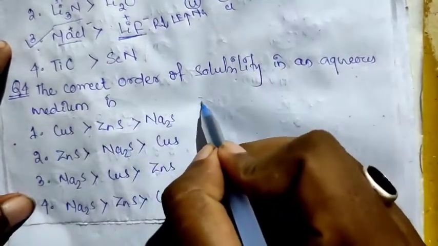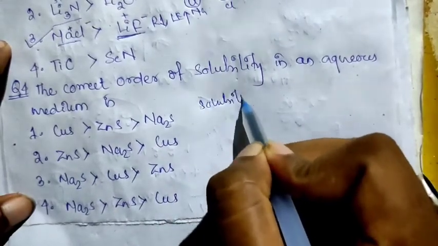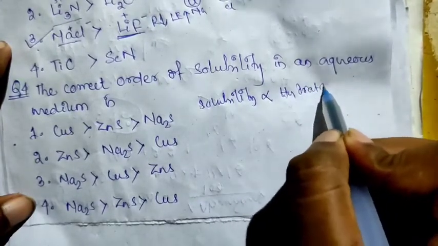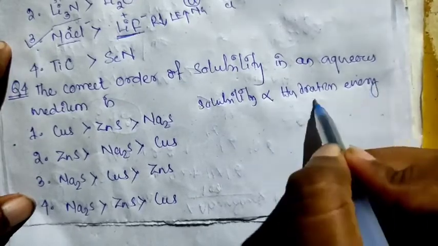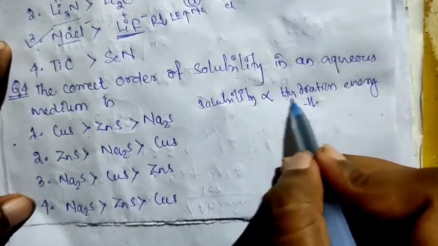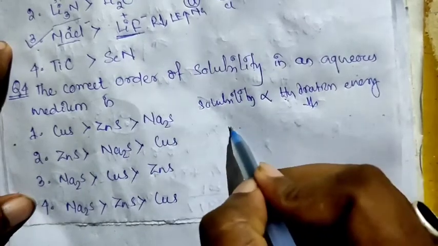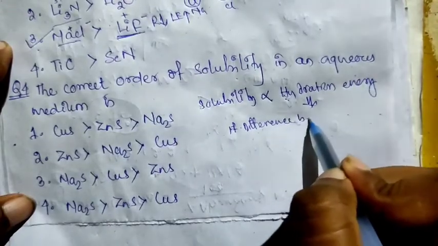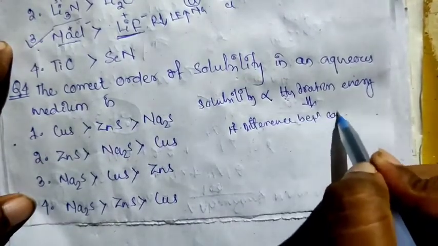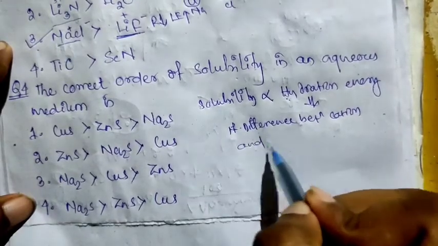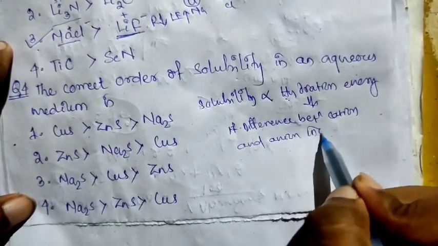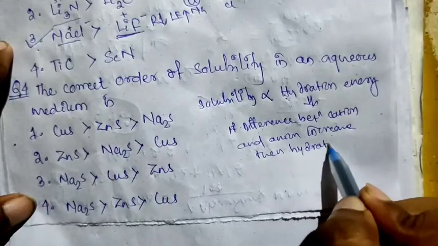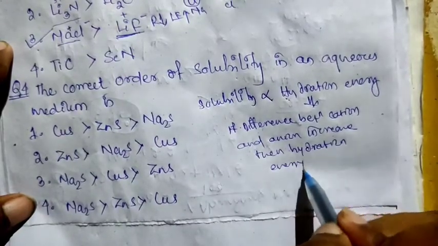We know that solubility directly depends upon hydration energy, which further depends upon the difference between cation and anion radii. If the difference increases, then hydration energy increases.